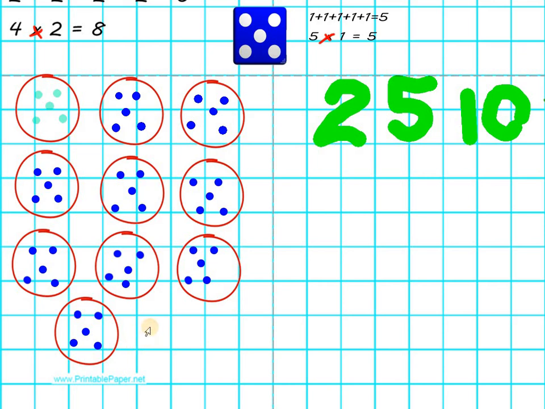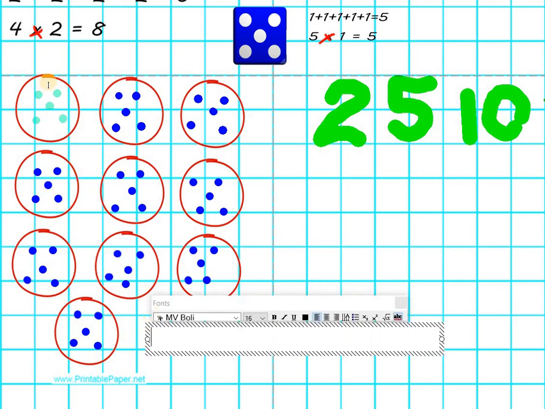So here's my repeated addition math sentence. And that's going to be 5 plus 5 plus 5 plus 5 plus 5 plus 5 plus 5 plus 5 plus 5 plus 5. So that's 10 5s I need to put in there.